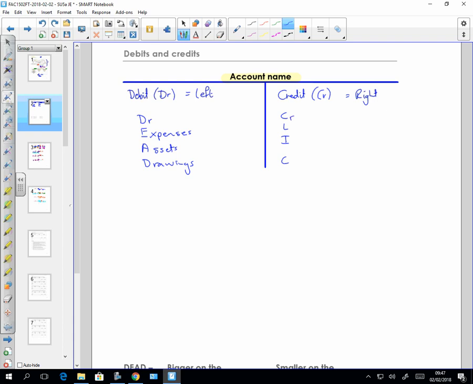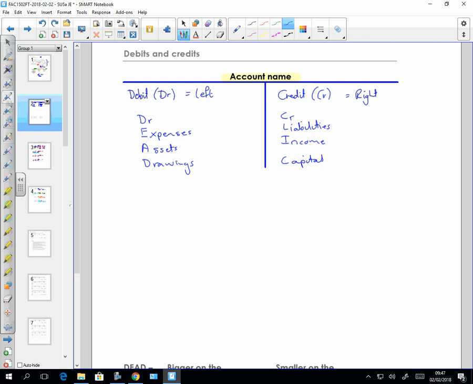If the A was for assets, the L will be for liabilities. So if you know the one, the other one kind of follows. If E was for expenses, the I will be for income. If the D was for drawings, the C will be for capital. Debit, expenses, assets, and drawings. Credit, liabilities, income, and capital.